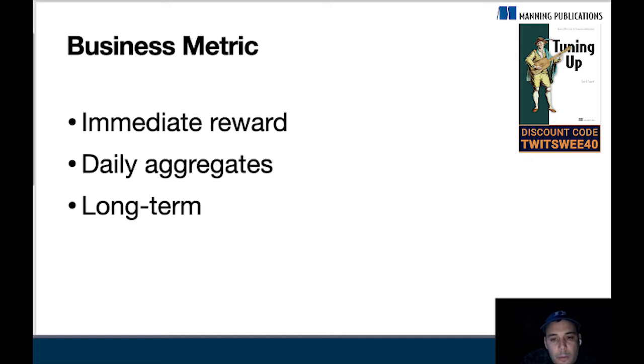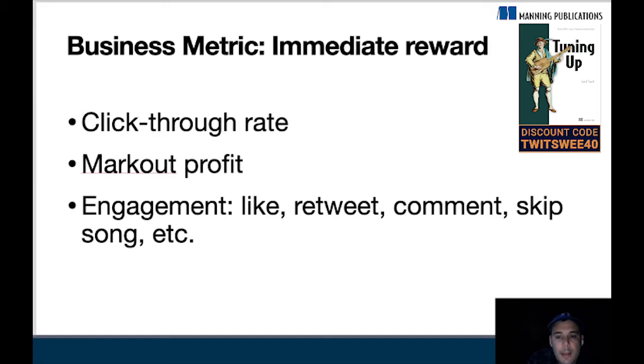So let's start with the immediate reward. Examples of immediate reward would be the click-through rate. So an event happens, a user sees an ad, you show them an ad, and maybe they click on it, maybe they don't, and you know immediately whether that's happened, and that's an entire measurement. You take that entire measurement, log it, and you're done.